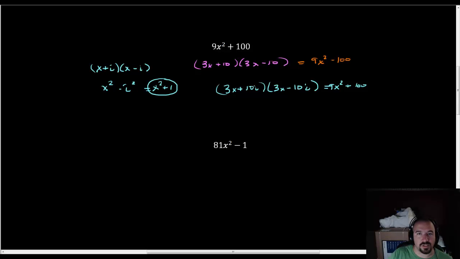Okay, so 81 and 1 don't share any common factors. The order, I will say, is a more advanced topic. The order really doesn't matter as much, at least not yet, but if you continue on in your math, it might be easier to see other shapes, other constructions, at least through their equations, if you put them in order.